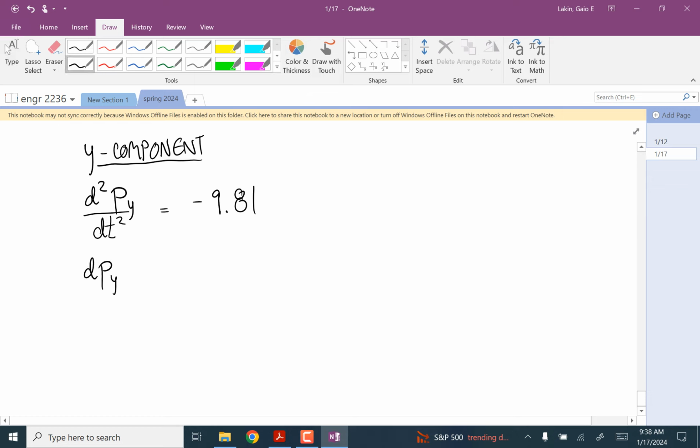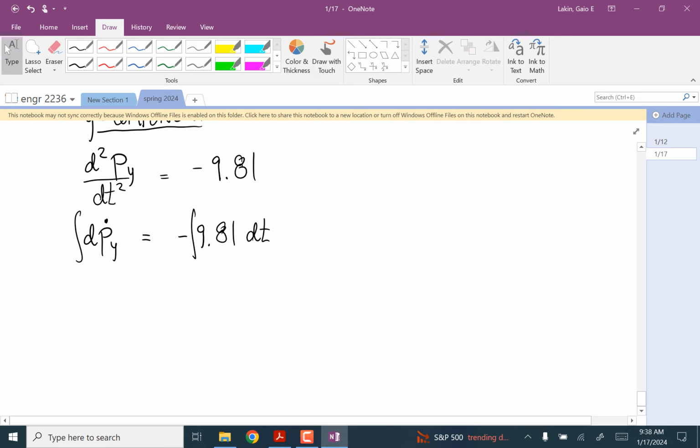So d py dot, or you could think of that as dvy, it's the same thing, is equal to negative 9.81 dt. Integrate both sides. You get that py dot is equal to negative 9.81 t plus C3.